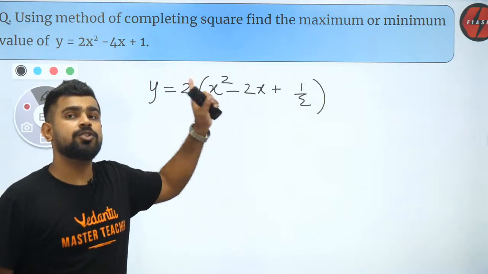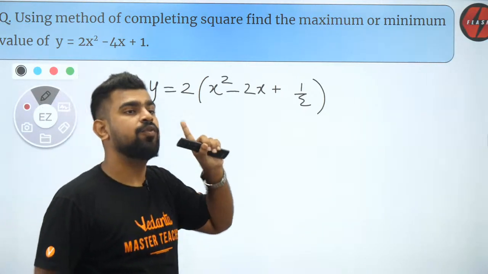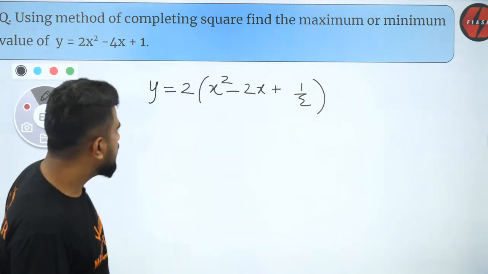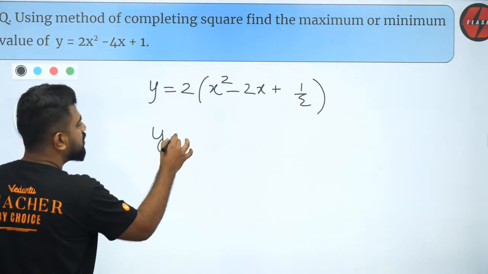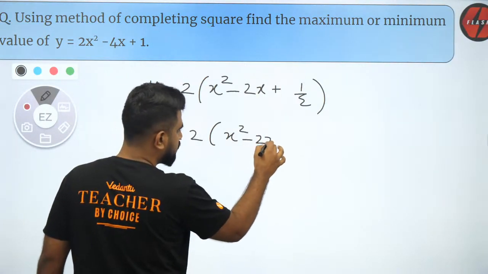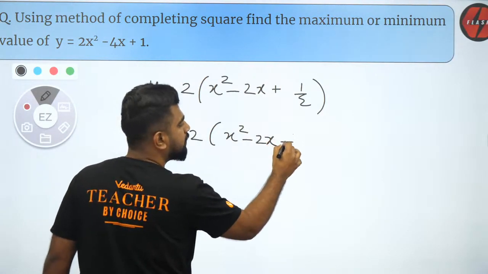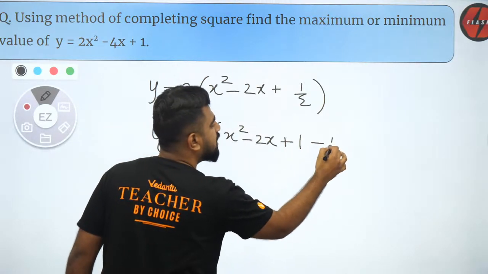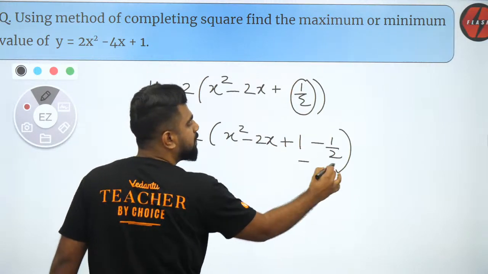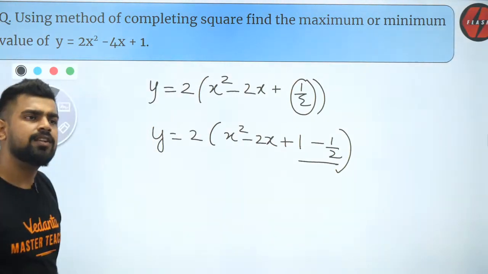You should have done this. This is the first and foremost step. You cannot skip this. Now, after you do this, I can write this as x square minus 2x plus 1 minus half, because this half, I wrote it as 1 minus half. Is that okay?